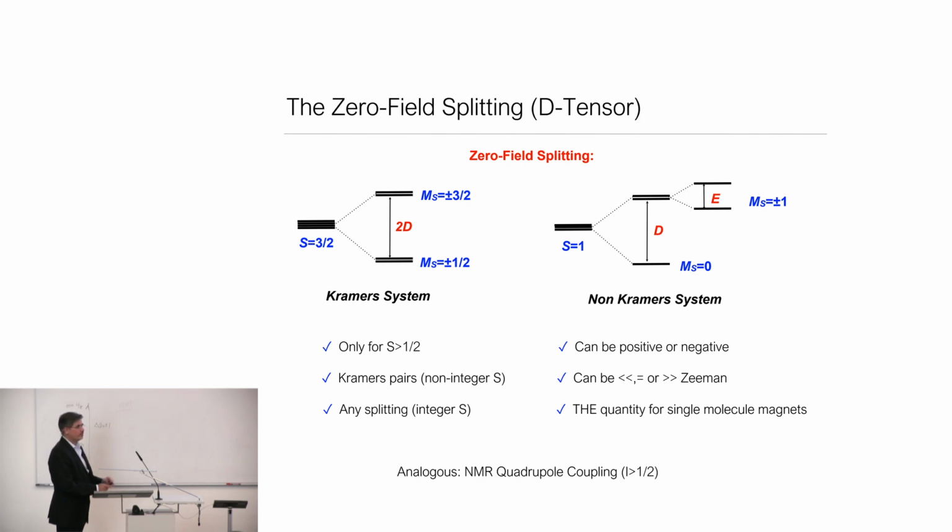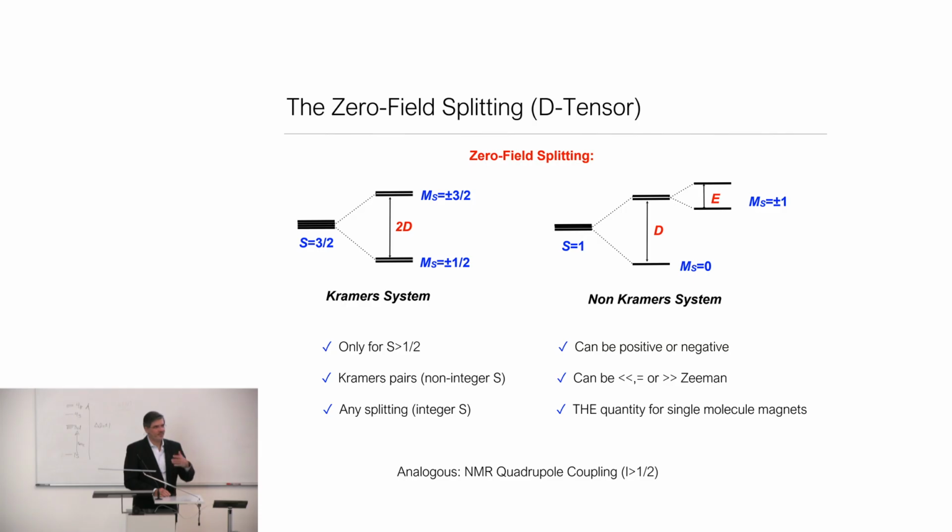So a Kramers system is one with a half-integer spin. Yeah, so 1/2, 3/2, 5/2, 7/2, etc. And so what's happening now, relativistic theory tells you that in the absence of a magnetic field, the zero field splitting cannot lift the degeneracies completely.